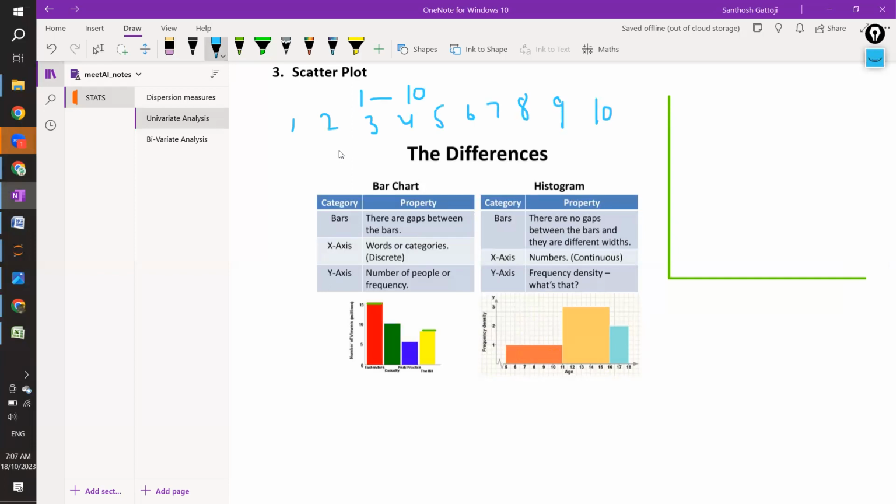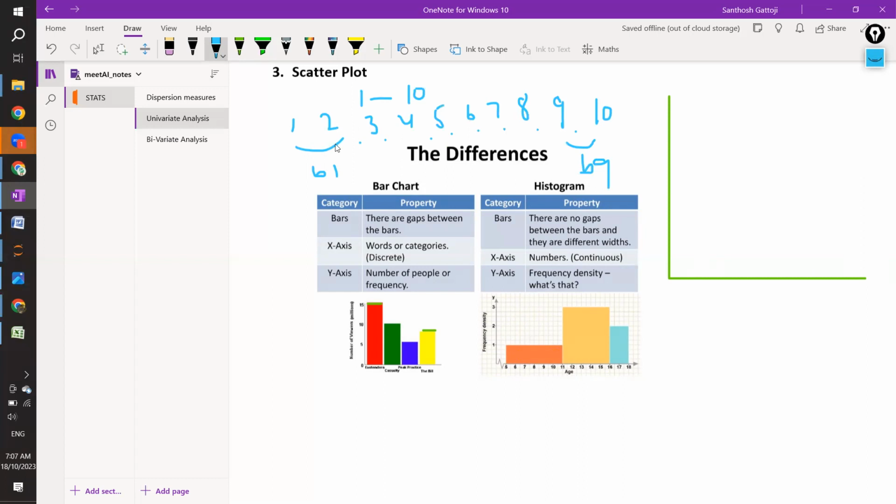Now if I consider each unit as one bin, how many bins will I have? Bin 1, bin 2, 3, 4, 5, 6, 7, 8, 9. You will have 9 bins.